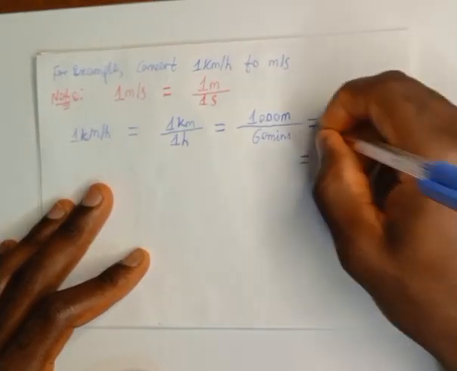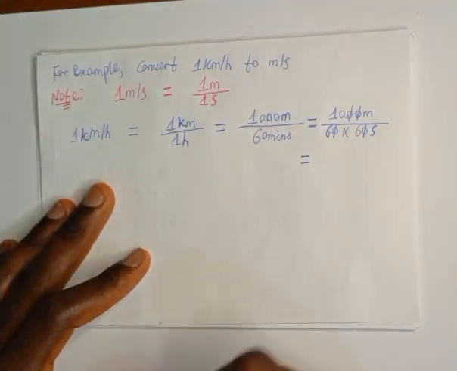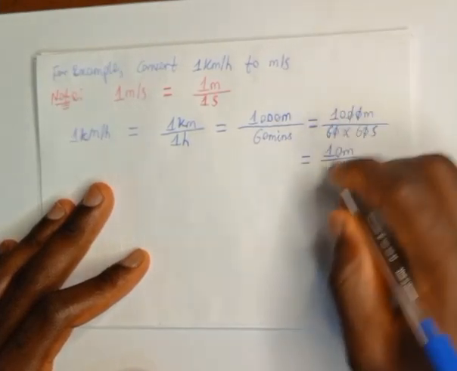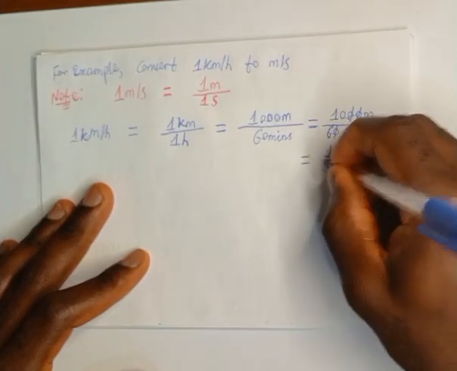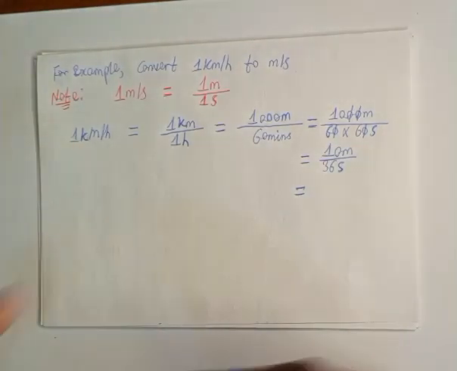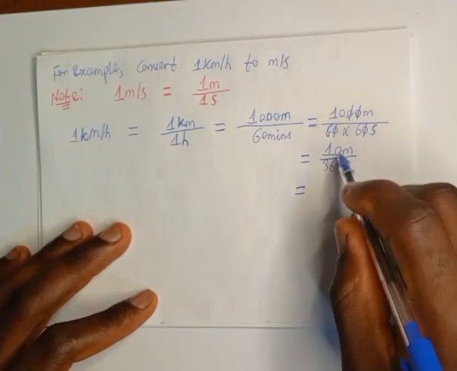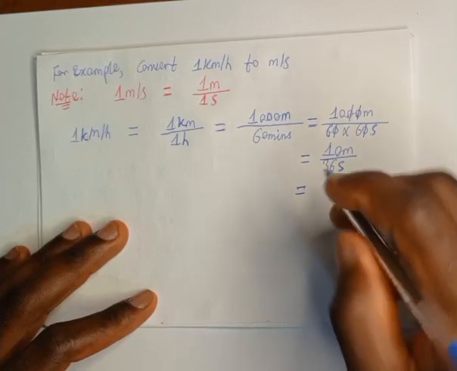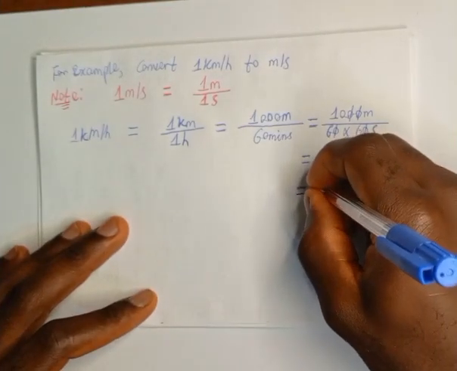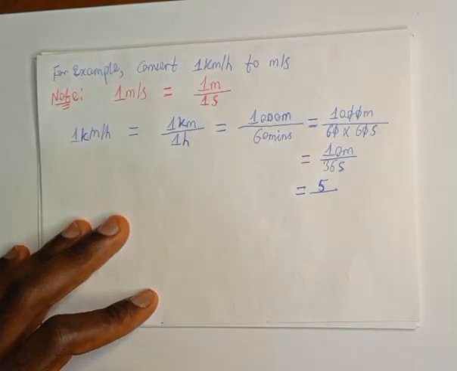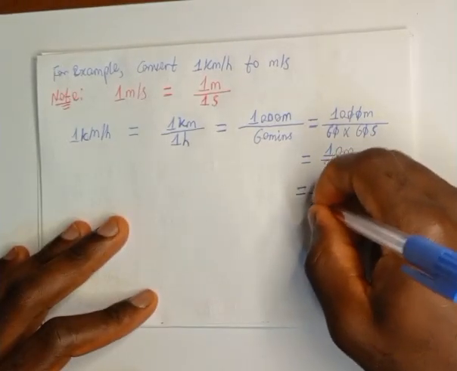You can carry out the simplification. These 2 zeros will strike off, these 2 zeros. We'll be left with 10 meters all over 6 times 6, which gives us 36 seconds, which we can further simplify. The highest common factor of 10 and 36 is 2. 10 divided by 2 gives us 5 all over 36 divided by 2, which gives us 18.